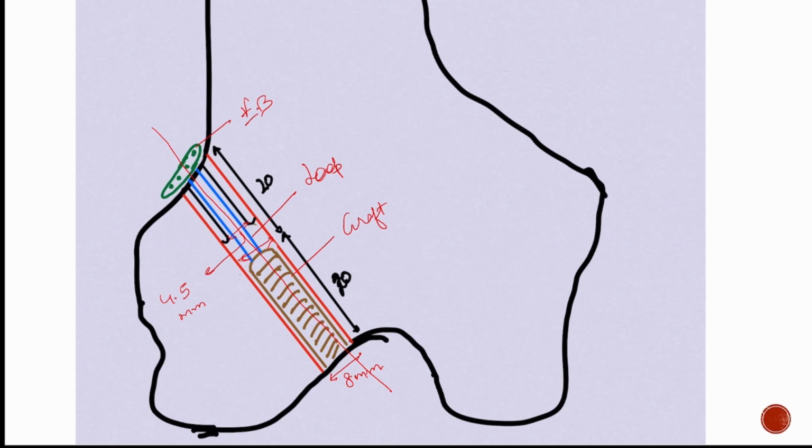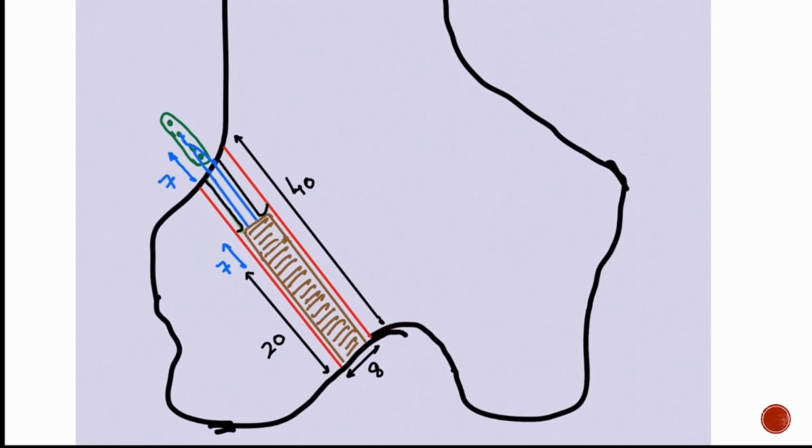But here you can see we have drilled an extra part here, which is around 7 mm. Why we drill this, we will see in the next slides. Here you see that for the button to flip we need an extra 7 mm.